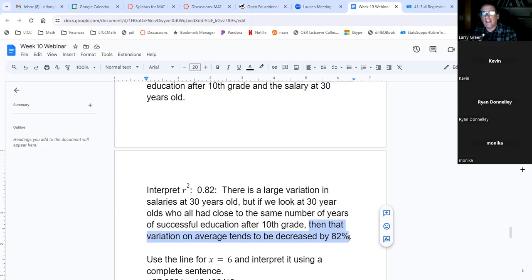So if you look at all people that had, say, 2 years of college, then their salaries are going to be much closer to each other than if you just look at people in general without asking them about college. And how much closer? On average, 82% if you looked at all the different years of college. Do you see? Each individually.